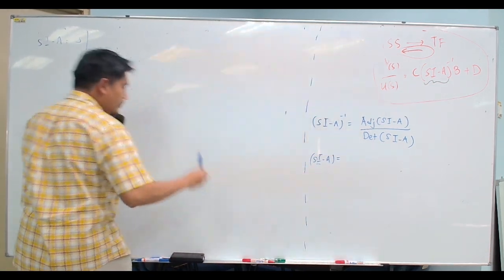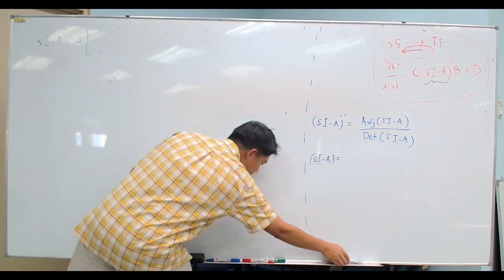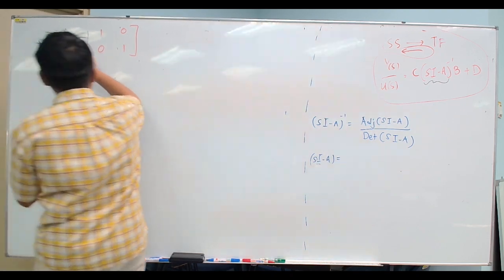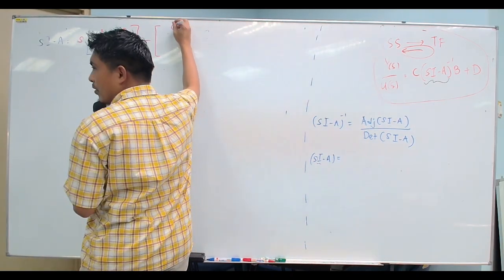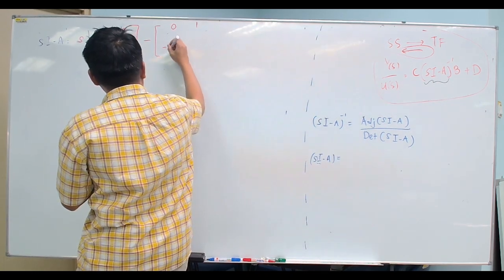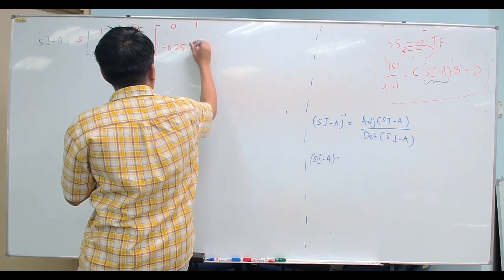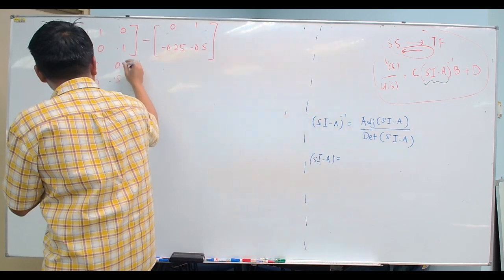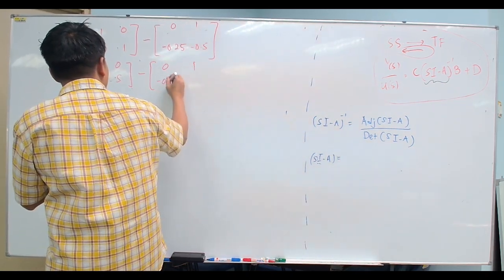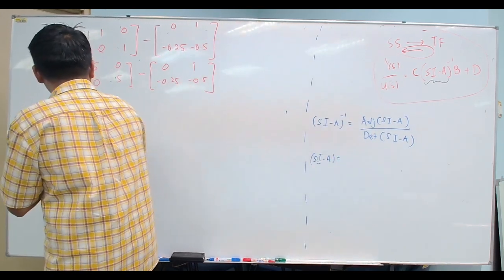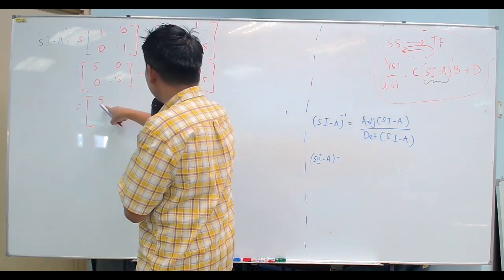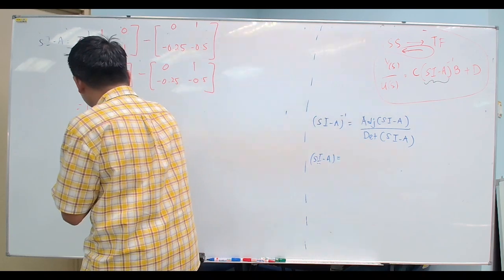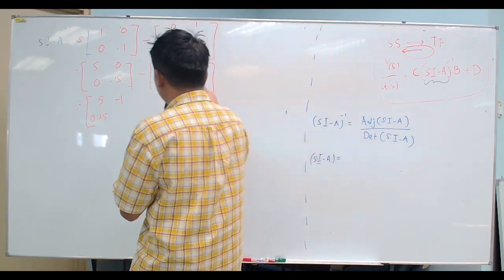The identity matrix is 1 0, 0 1. So this is sI minus A. If you solve it, you get s 0, 0 s, minus 0 1, negative 0.25, negative 0.5, and finally this is s minus 0, you get s; 0 minus 1, you get negative 1; 0 minus negative 0.25, you get 0.25; and s minus negative 0.5, you get s plus 0.5.